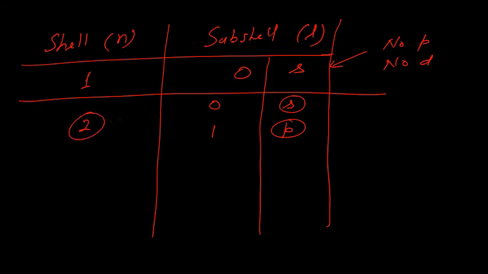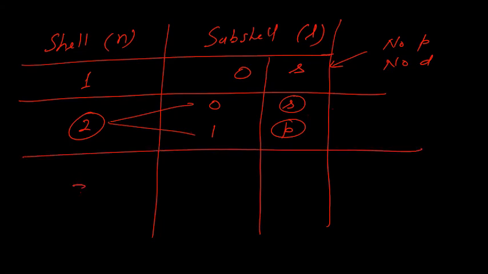If it is 2, the values can be 0 and 1 only. Means the second shell can have only S and P. In the third shell, the value of L will be 0, 1, 2, means 0 to n minus 1: S, P, D. It means the third is the first shell in which D will appear.